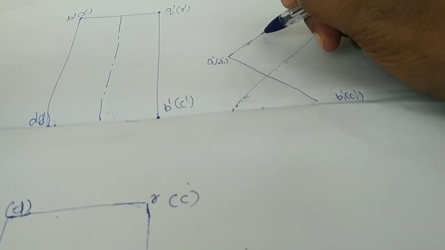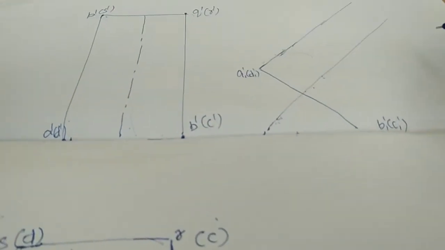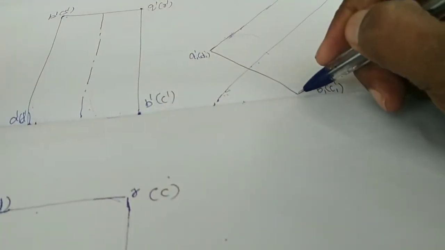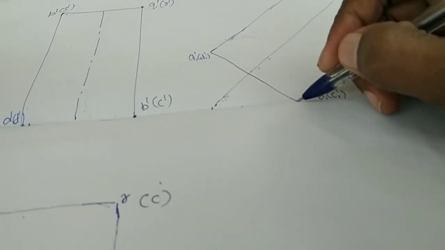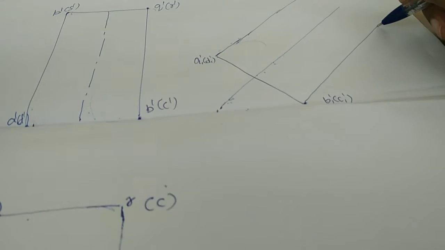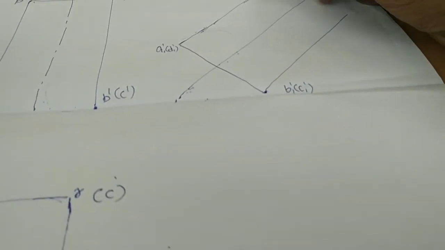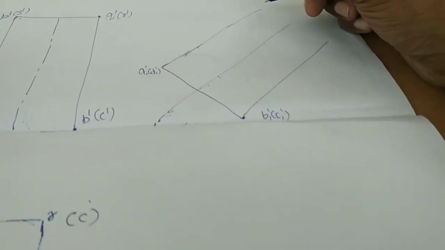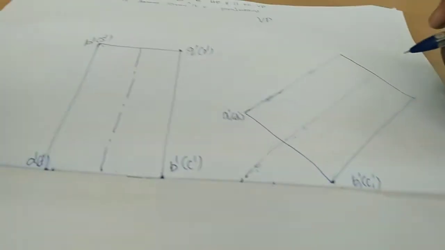So for the base measurement, on the left side of the axis and the right side of the axis, you have to draw it equally and parallelly. Then the top portion you have to close.